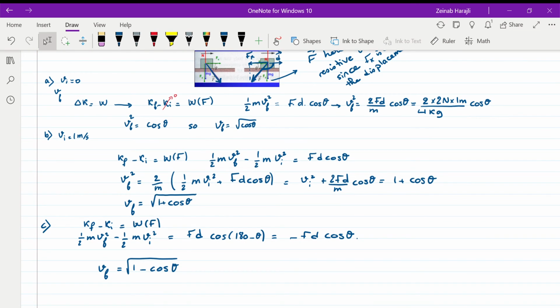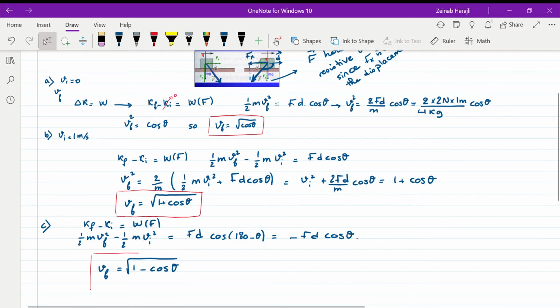So we got here three expressions basically for different situations: a situation where we have no initial speed, a situation where we have an initial speed of value 1 meters per second, and an expression for V final with the direction of the force being opposing the direction of motion.